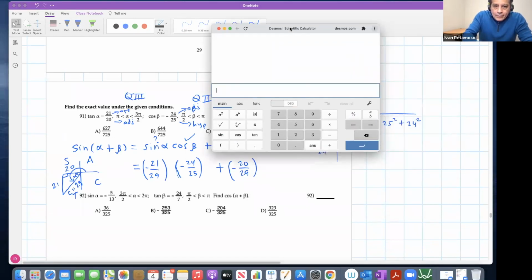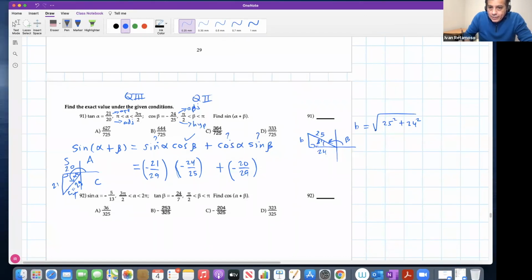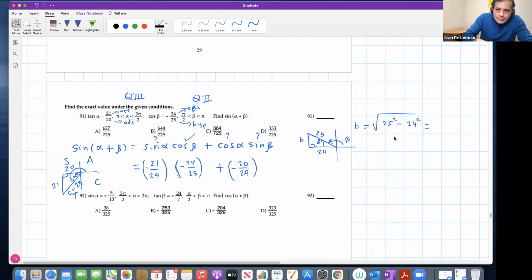So in the calculator, you do this. Notice this is the hypotenuse, right? So we gotta be careful there. If this is the hypotenuse, this should be minus, right? When you do the theorem of Pythagoras, this minus, right? What is that? 25 squared minus 24 squared to find this guy. Well, let's see it.